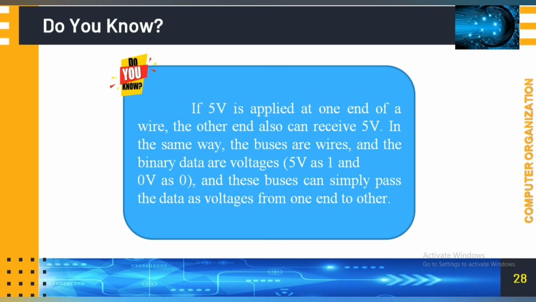Buses are a bunch of wires or a collection of wires. These buses are used for communication. That is, if we want to transfer data from one device to another device, that is internal parts of the computer, then we can use buses. So the buses are used to transfer the data.